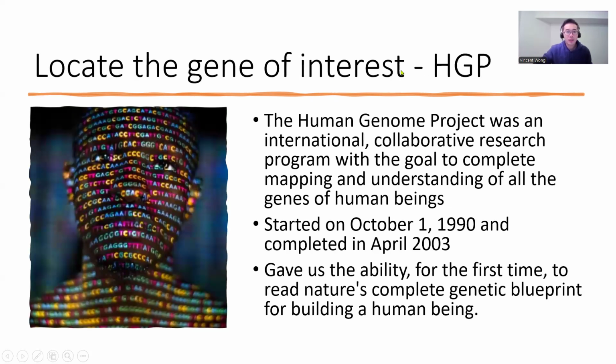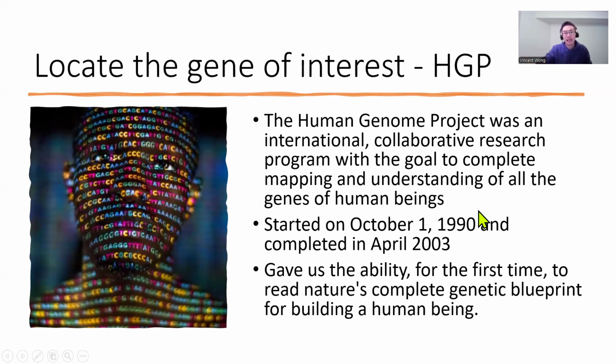To locate a gene of interest would have been a very, very difficult thing to do 20, 30 years ago, because back then, people had not fully mapped out the entire human genome. The Human Genome Project, HGP, started on October 1st, 1990.